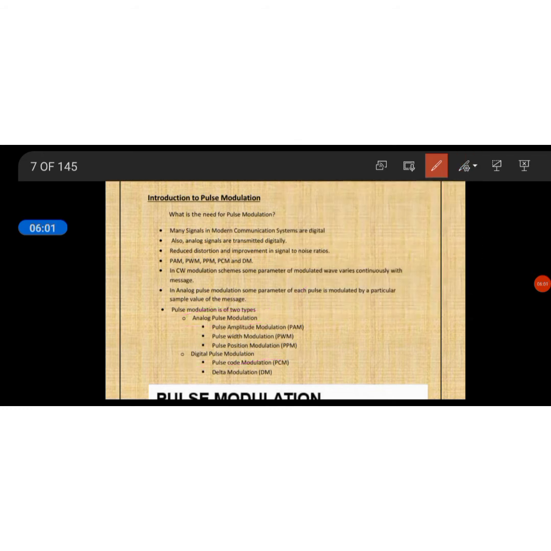In analog pulse modulation, there is further classification: pulse amplitude modulation, pulse width modulation, pulse position modulation. In digital pulse modulation, there are pulse code modulation and delta modulation.